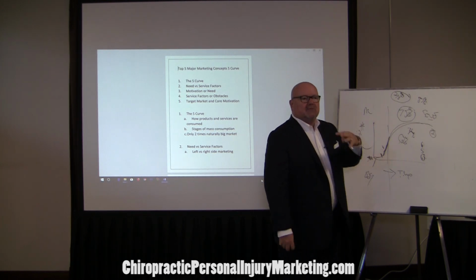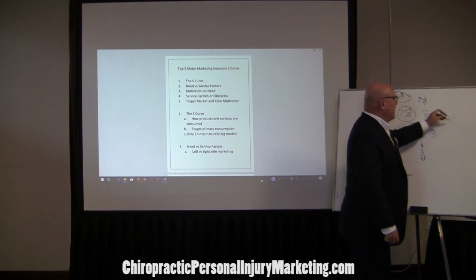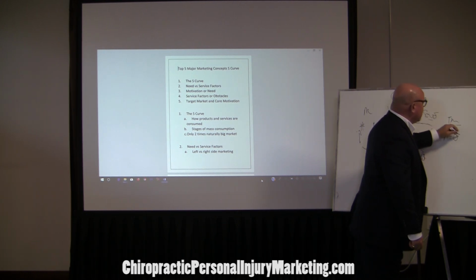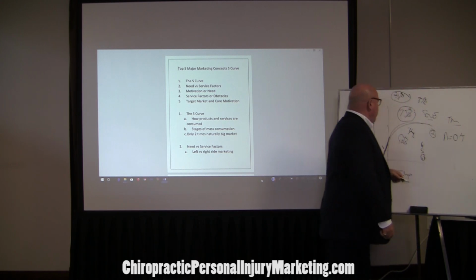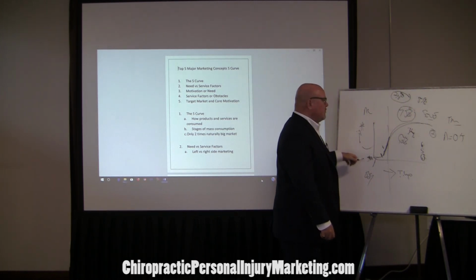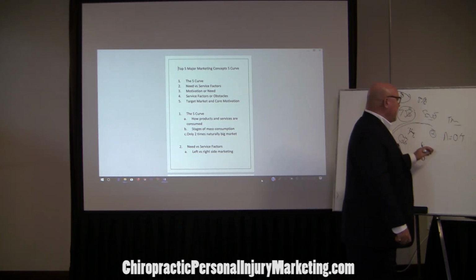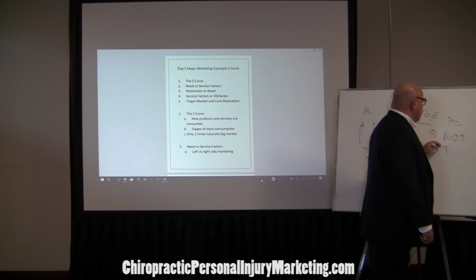And here's what you'll find out as we go along. The core formula, we start with a target market, but the core formula of a purchase is need relative to obstacles divided by trust. So here, there's already a need. Do I need to establish need? No. I need now to go into their service factors. The top 5 service factors are trust, price, proximity, quality, and service.